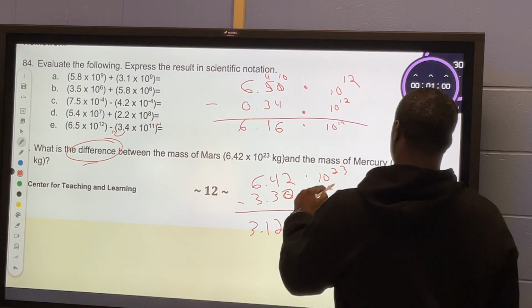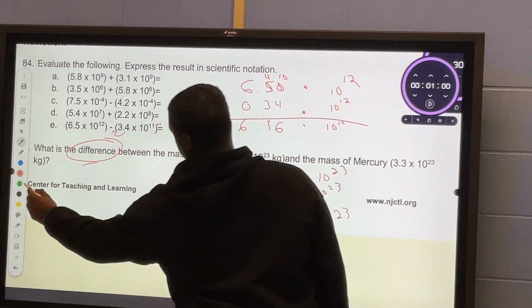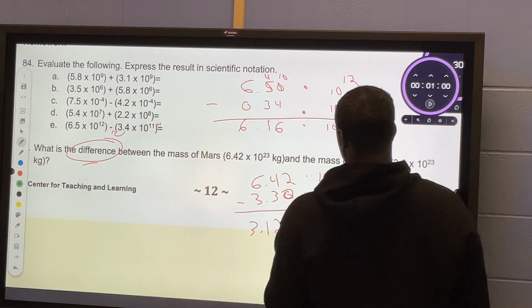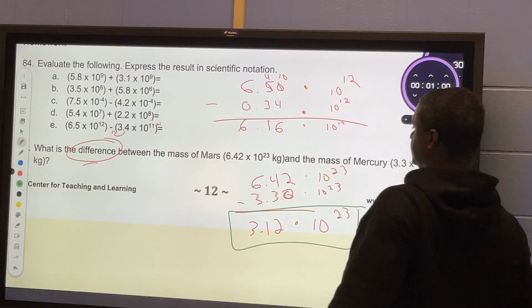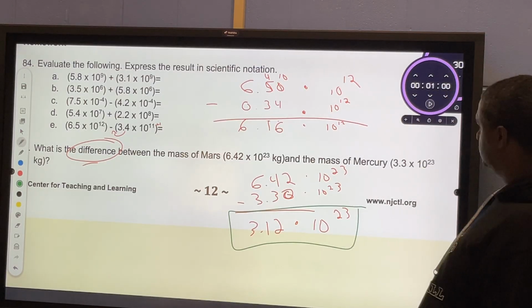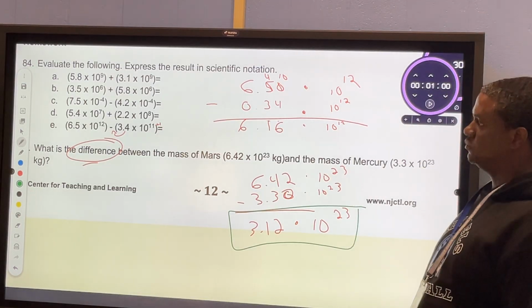I added with the subtraction sign. The crazy thing is, I wrote the equation with the subtraction sign and still added.